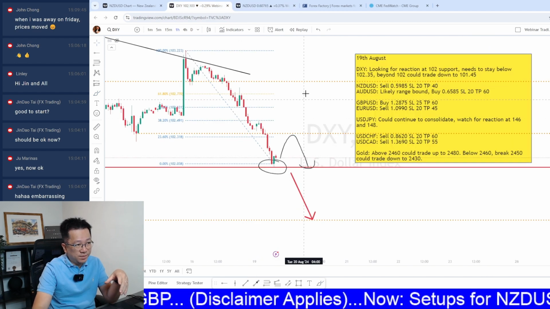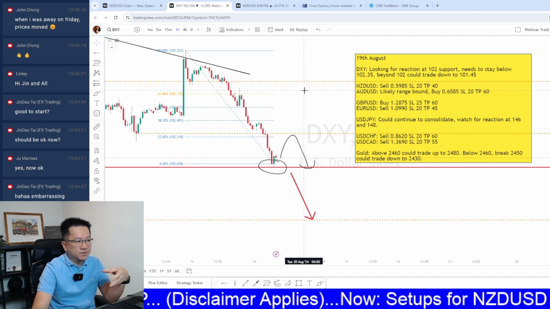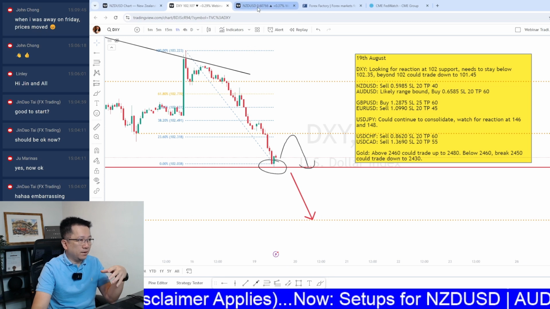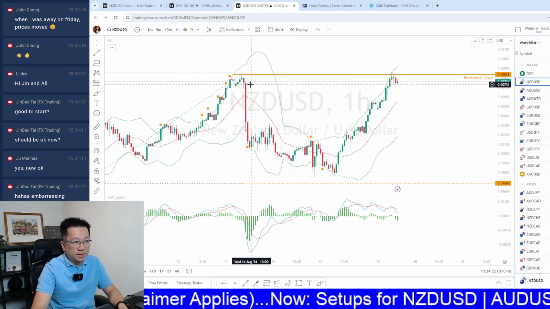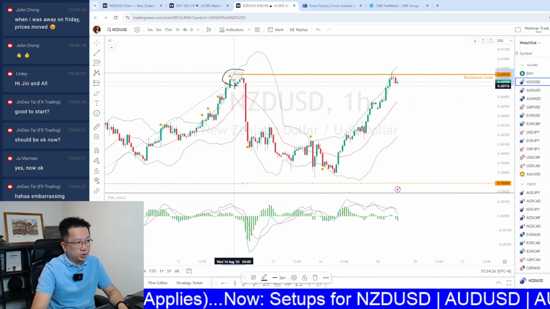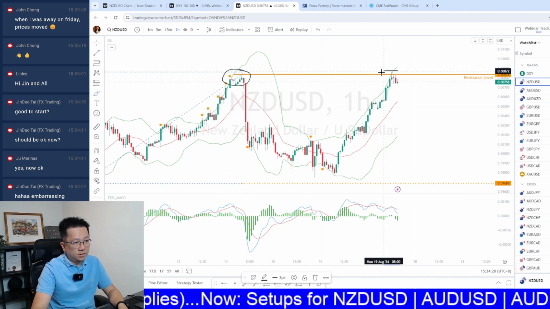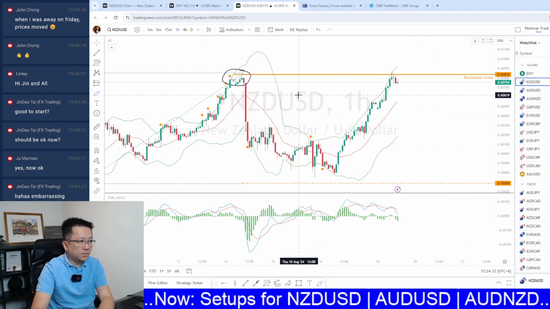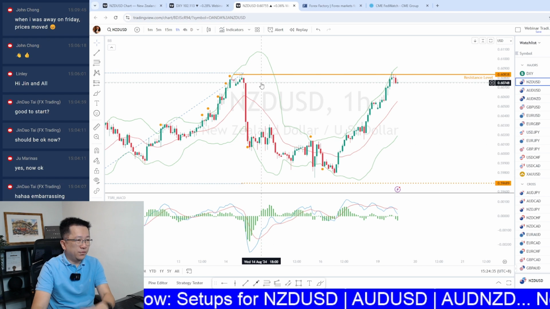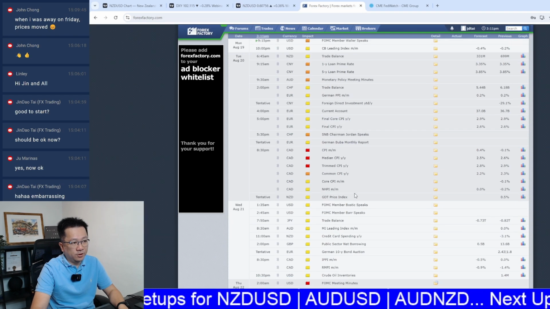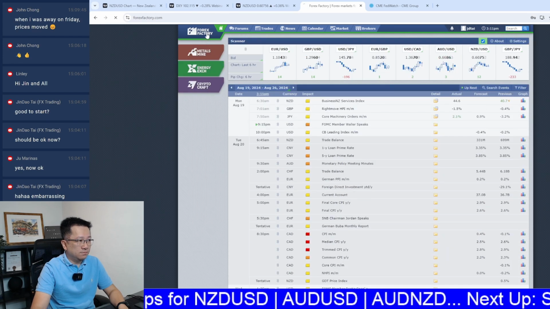If it breaks back up, say for example something happens or they say that they're not going to cut rates anymore and it breaks right back up, then that could play into that double top formation here on the Kiwi dollar.